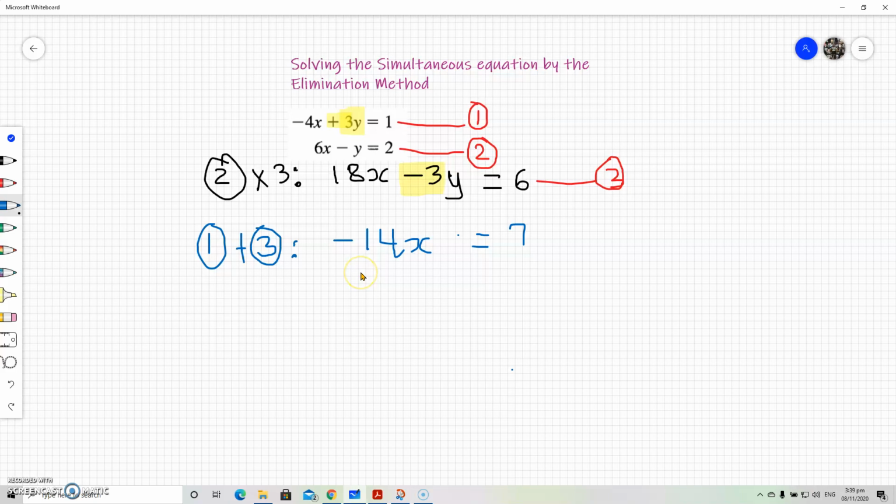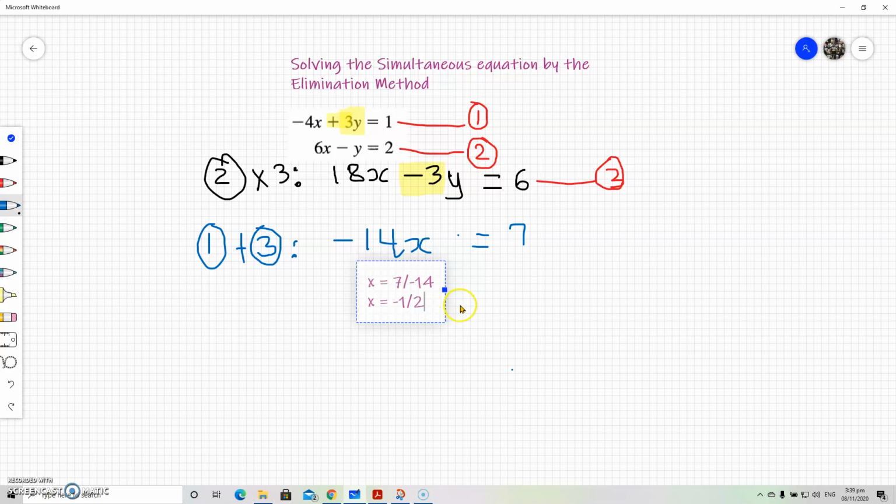So you're going to divide both sides by 14, so you get x is equal to 7 divided by 14. This will give me x is equal to a half.